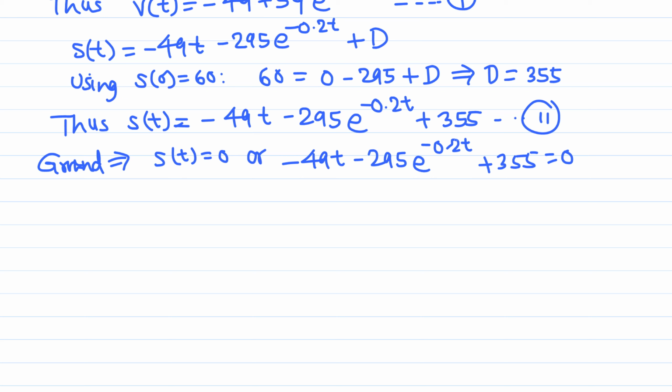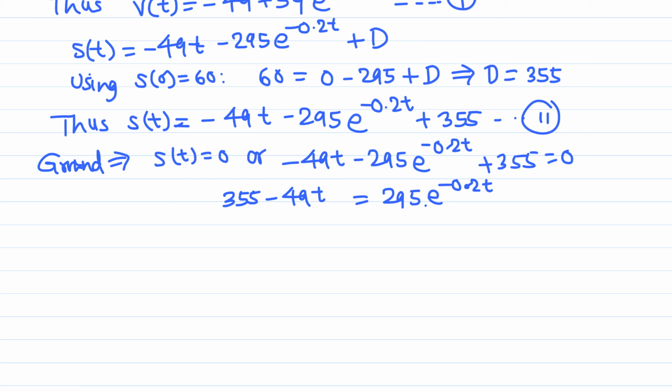So let me put the exponential to the other side, and leave the linear part on the left. This is 355 minus 49t equals 295 e raised to negative 0.2t. So we're going to graph this and this and see where they intersect.